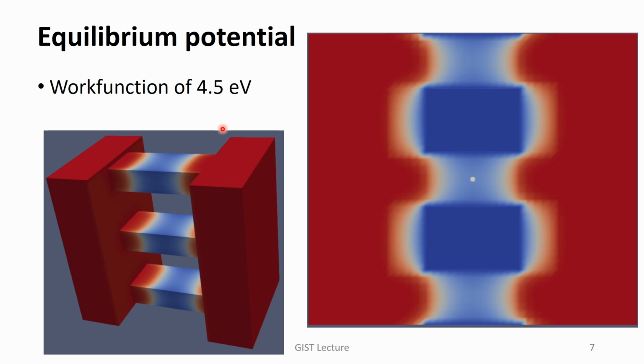This three-dimensional figure just shows the surface value. When we make a cut line, we can see the internal values. Top nanosheet, middle one, and the bottom nanosheet.